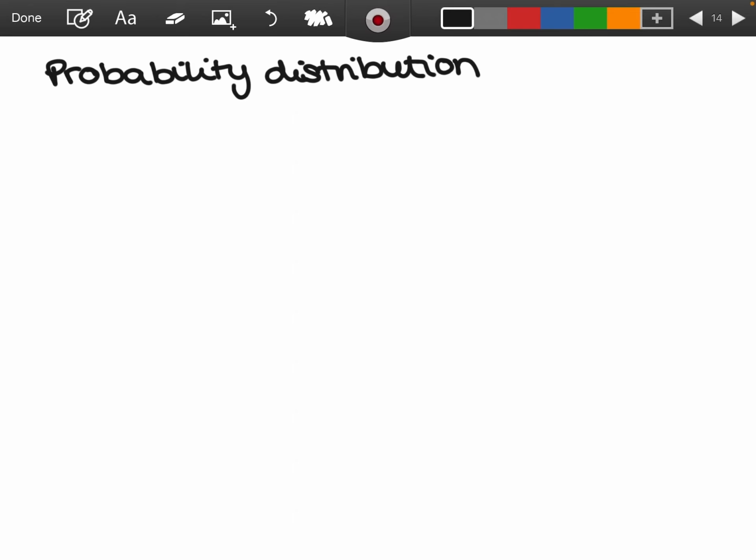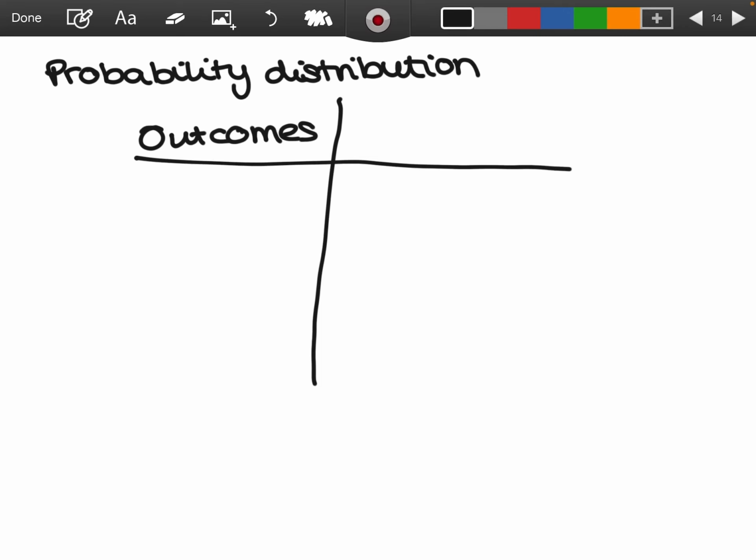Okay, next we're going to look at something called a probability distribution. A probability distribution for an experiment is just a table. And what it does is it lists the outcomes on the left-hand side and the probability of each of the outcomes on the right-hand side.